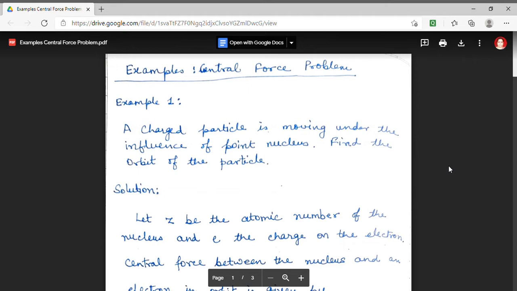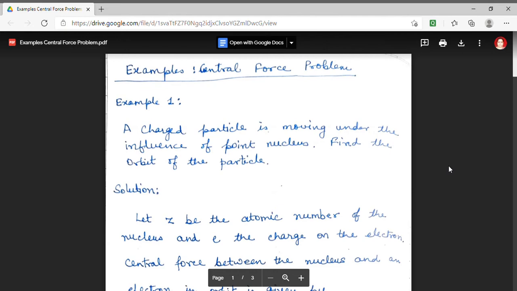So, on this basis, the first example is: we are given a charged particle which is moving under the influence of a point nucleus. Find the orbit of the particle. That means we have to determine the shape of the orbit, whether it will be hyperbola, parabola or elliptical.